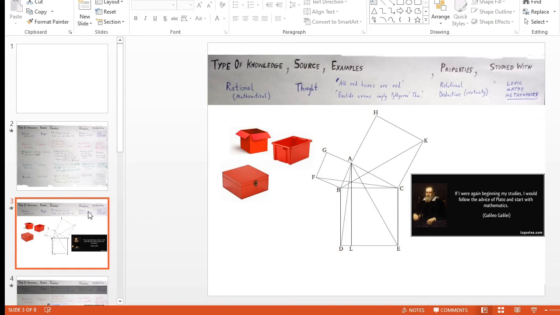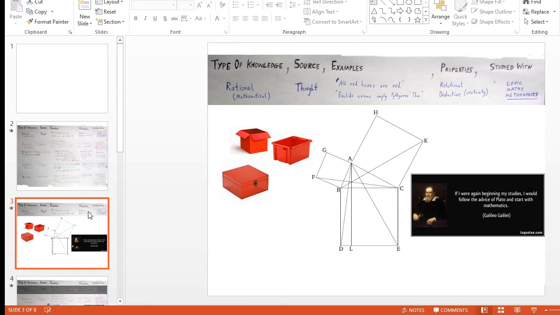In particular, the type of question we're looking at in this rational knowledge is we're starting with some sort of thought, and we have the thought about what a red box is, and this contains enough information for us to be absolutely certain that yes, it is red.